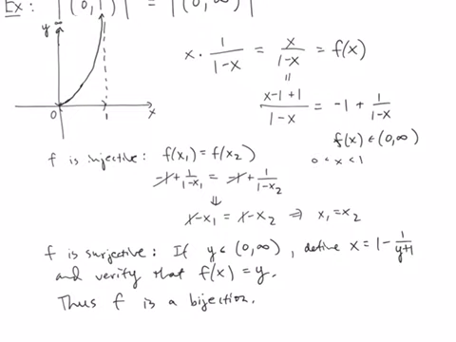So negative x is between negative 1 and 0, and adding 1 to that, 1 minus x is between 0 and 1, and so 1 over 1 minus x is between 1 and infinity.